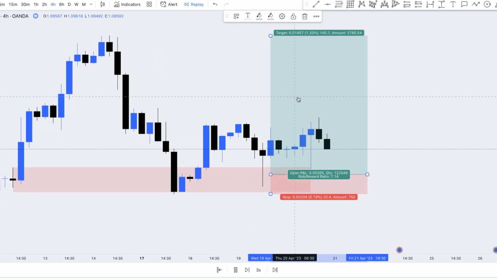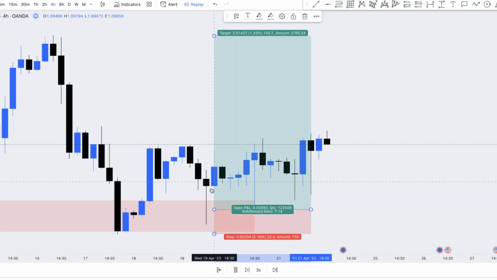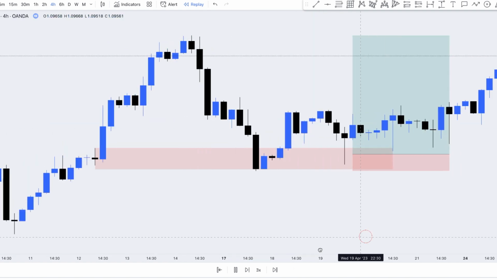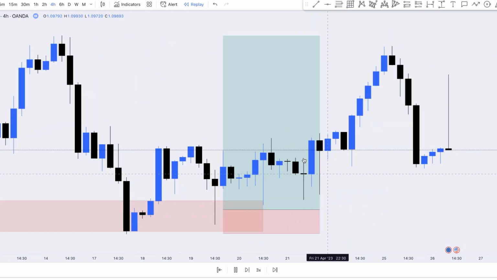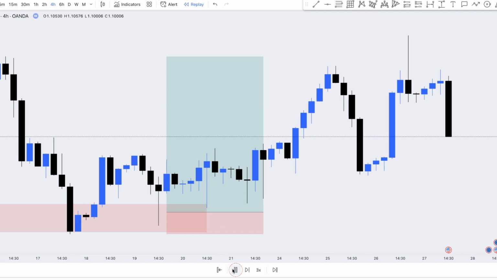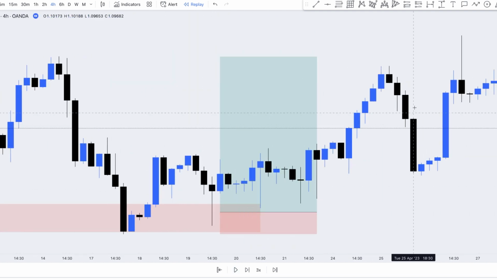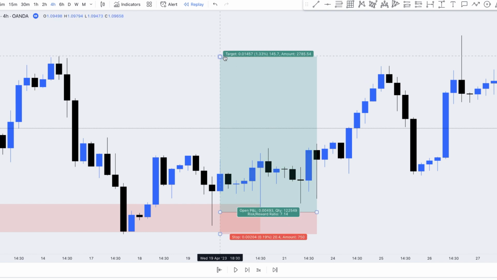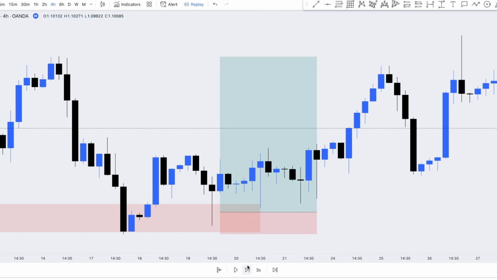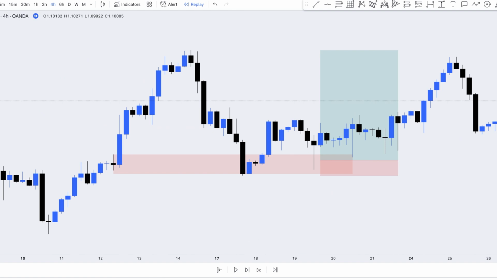You can see what happened right after I saw this rejection telling me that the buyers want to come into the market, or that price has rejected that point. Immediately I entered my buy position and I took profit at this point. So this point also now becomes our resistance.